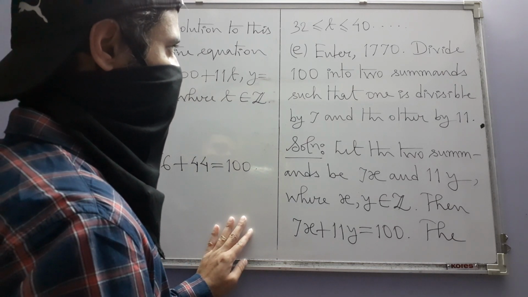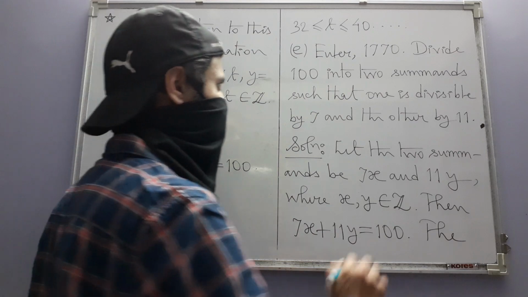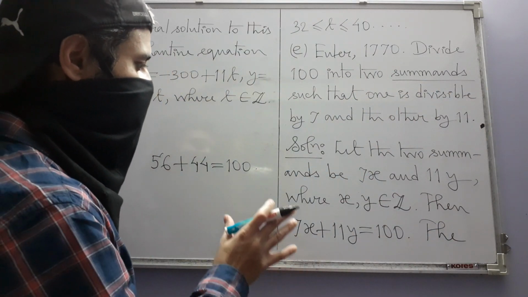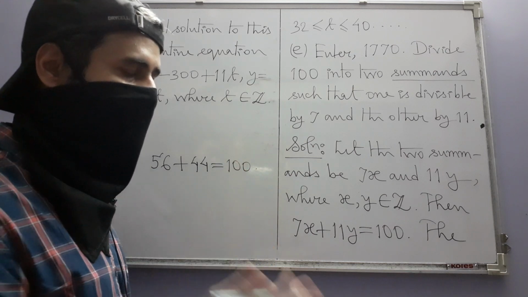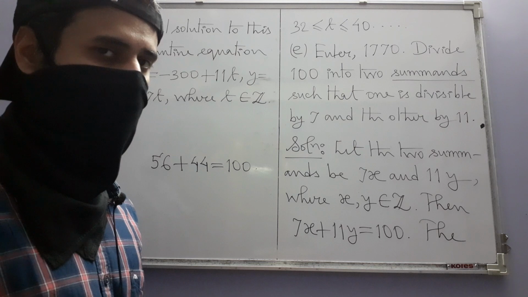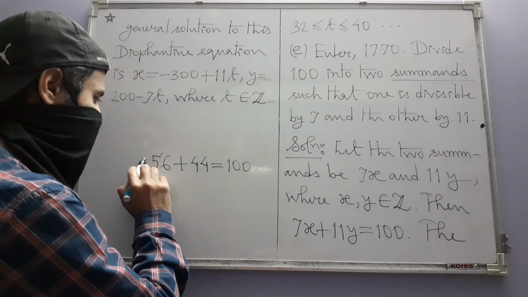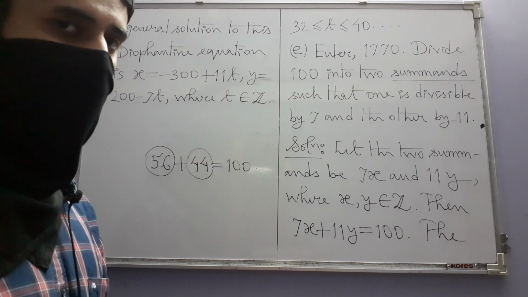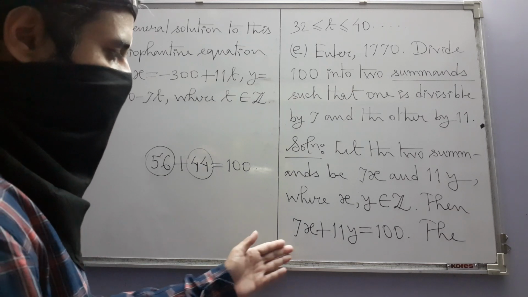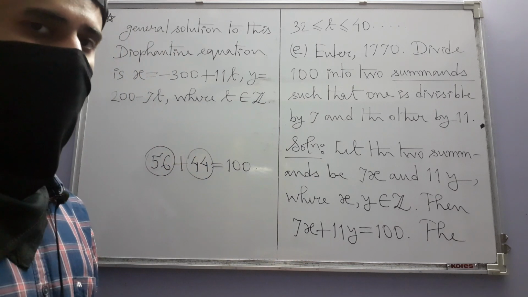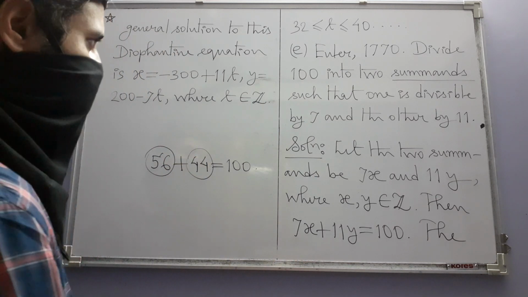Now, I am not entirely sure whether by summands, the author or rather Euler, means positive numbers only. If so, then these are the only such solutions. Otherwise, if negative numbers are allowed, then there are infinitely many. Okay.